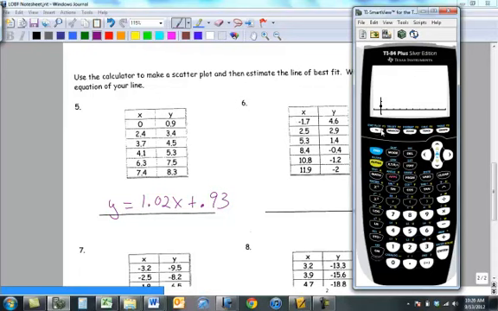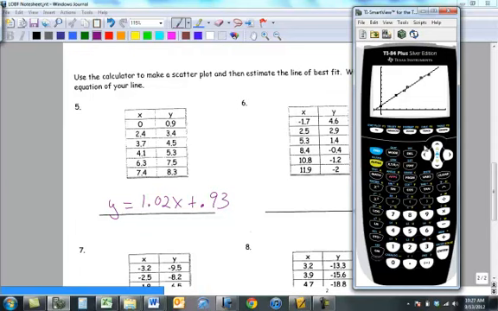So go back to y equals, and we're going to put in y1 the equation that we found, 1.02x plus 0.93, and press graph. And look at that. That is indeed the line of best fit.